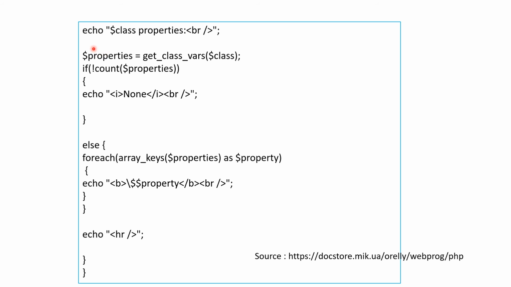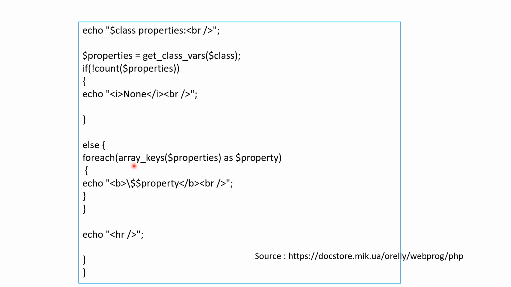Then display the properties of the given class. We can use the get_class_vars method, which returns an associative array which maps the property names to values and also includes the inherited properties. And here it will also check the count. If there is no property, then it will simply display none.